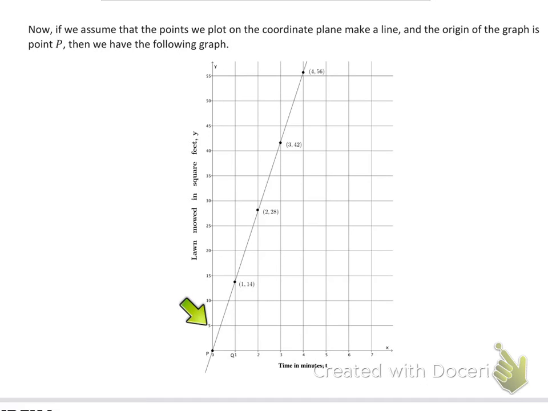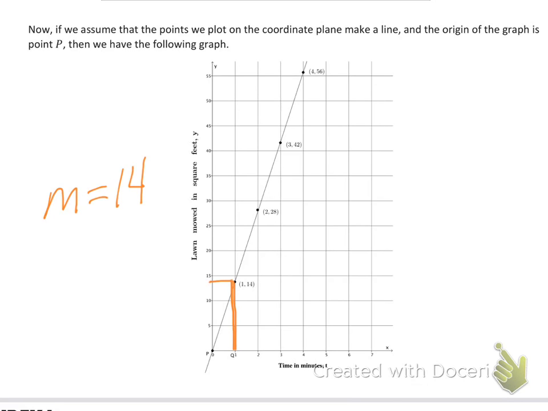We're going by fives, 5, 10, 15, 20, 25, 30, and so on. So we've got point P. If we move over for point Q, 1 unit, then we notice that's 1 minute, so that's going to be 14 on our graph. So the slope of this line is going to be this value on the y-axis, and that would be 14. So the slope of this graph is 14.